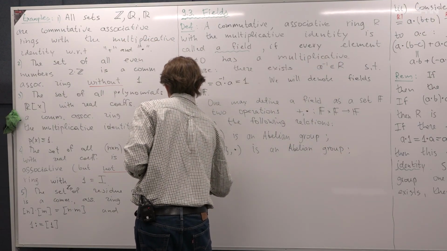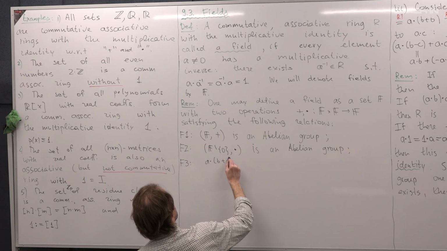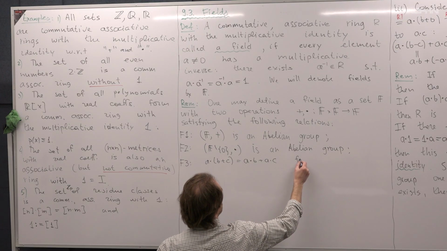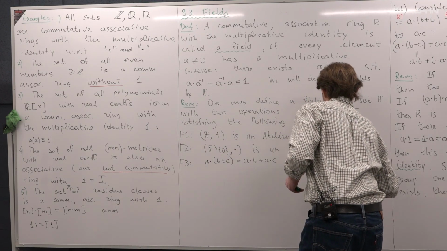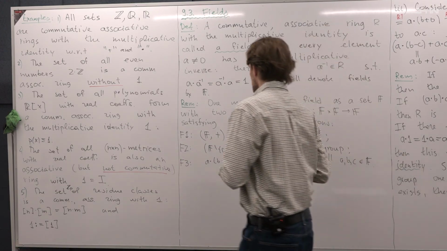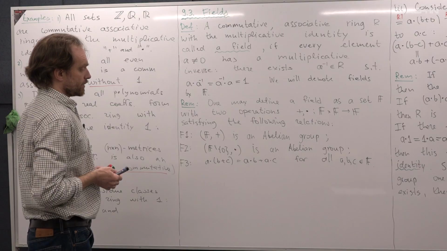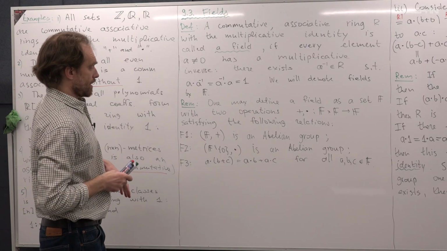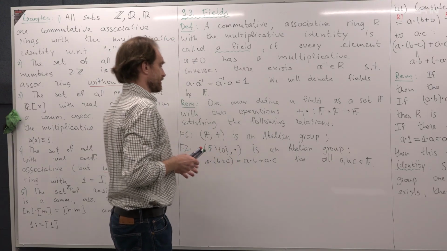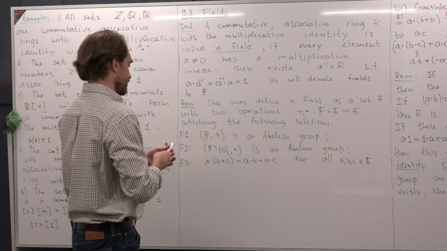And the distributivity property: a multiplied by (b plus c) equals a multiplied by b plus a multiplied by c for all elements a, b, c from this field. We do not need to add another distributivity property just because the multiplication is commutative, so the second distributivity follows from the first one. So we can define a field in this way.